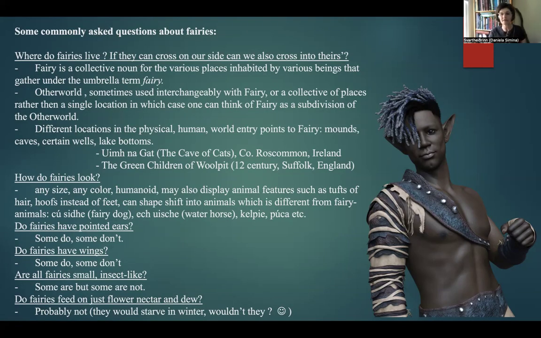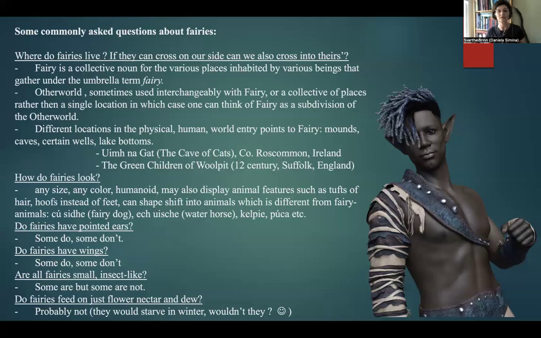They may also display animal features, such as tufts of hair, like on the ears, or tufts of hair in various areas on the body, hooves instead of feet. Some of them may have tails. They can shift into animals, so they have the ability to shift between humanoid and animal form.